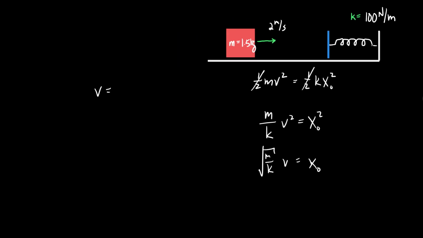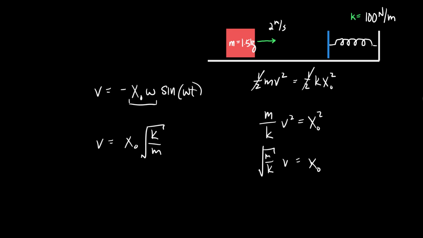V equals minus x naught omega sine omega t, right? This is the maximum velocity. So V equals x naught times omega. Omega is the square root of k over m for a spring mass oscillator.